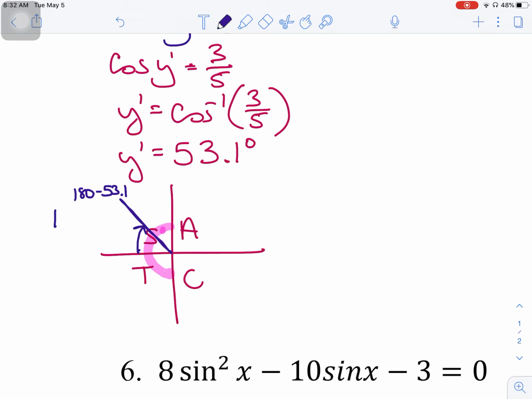That gives me 126.9 degrees. In quadrant number 3, I need to be 53.1 degrees off the x-axis. So 180 plus 53.1. And that gives me 233.1 degrees.